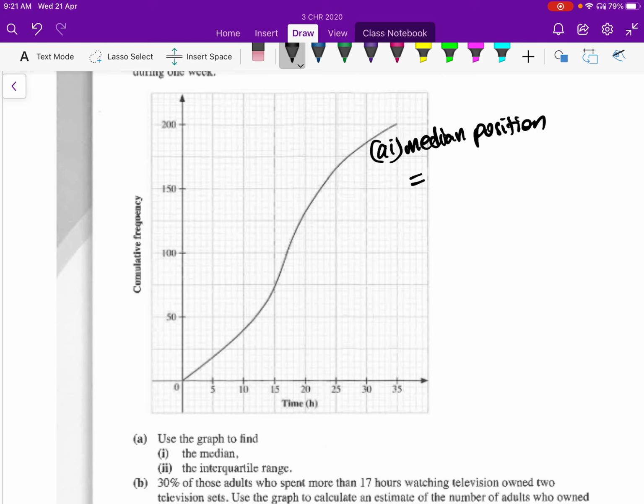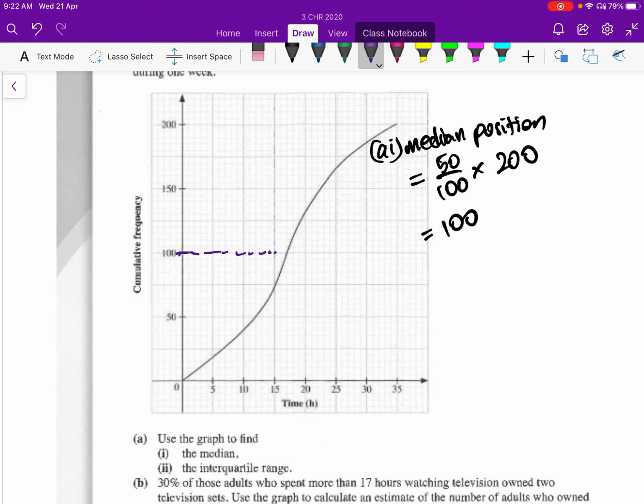Okay, where's the median position? I'll prefer you to write as 50% or 50 over 100. 50 over 100 times 200. That is half of 200. So we get 100. That's the median position. So here is our median position.